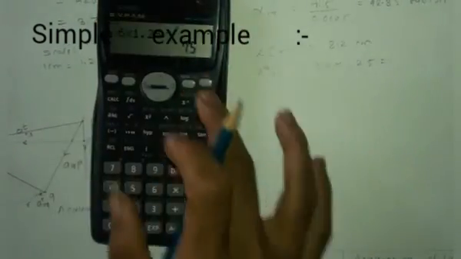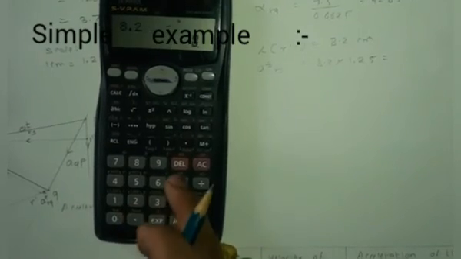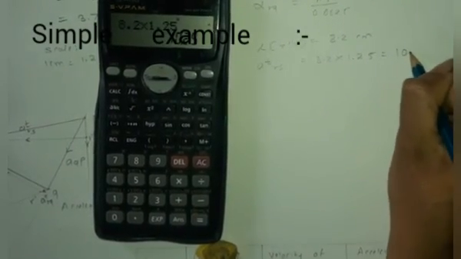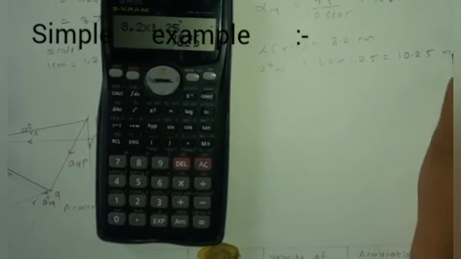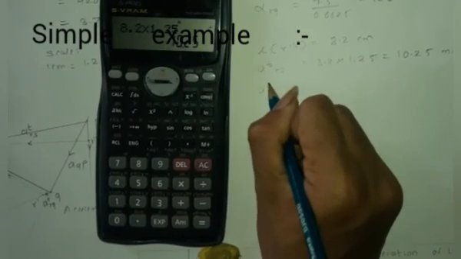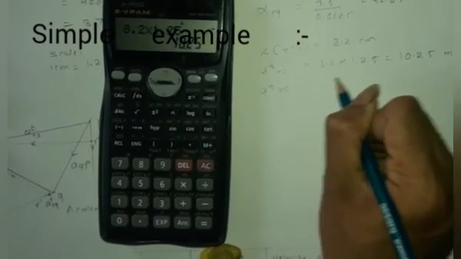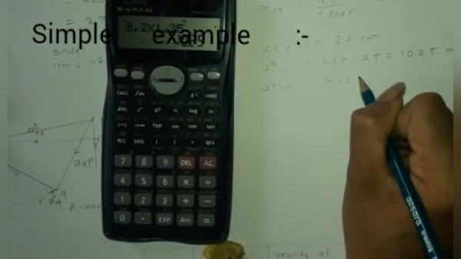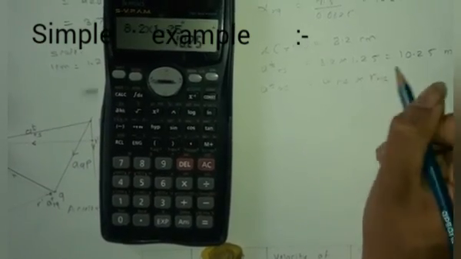It will be 10.25 meter per second square. Now tangential component for RS is angular acceleration of RS into RS.